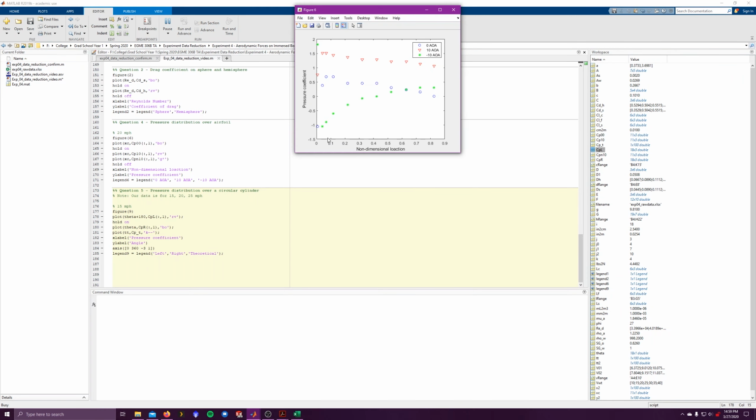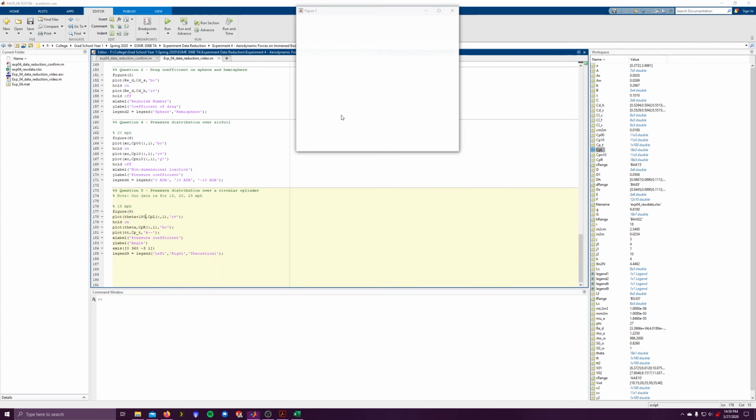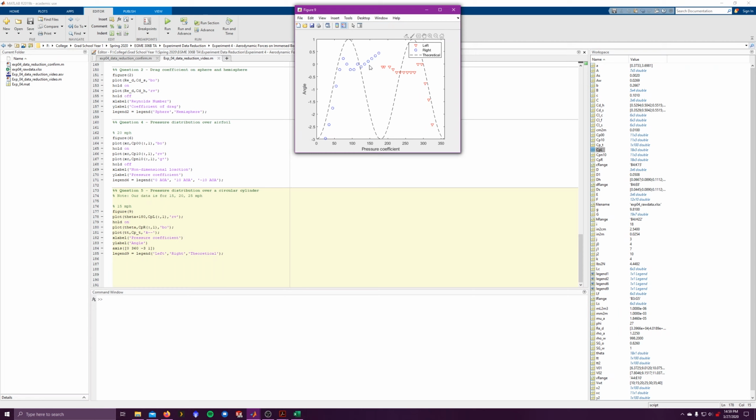If I do that and I run it again, okay, now I have a plot that looks like this. Now this looks a little bit better. We still have issues here that you're going to discuss in the report. And then I have my theoretical plot in black, this black dashed line.